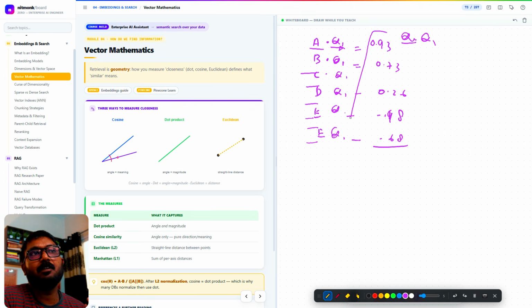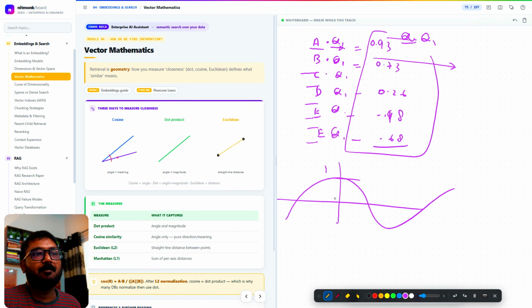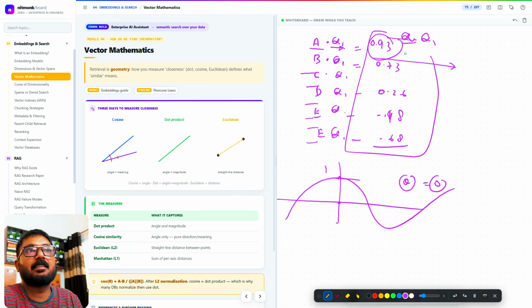Now look at these numbers and see how they are connected, how these graphs make sense. If closer to 1, then they are similar because the angle between them is theta, and theta is near 0. If they are negative, then the angle between them is 180 degrees, totally apart.